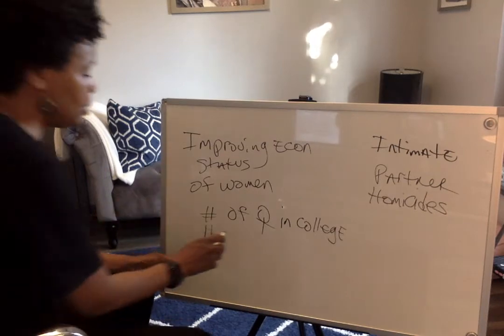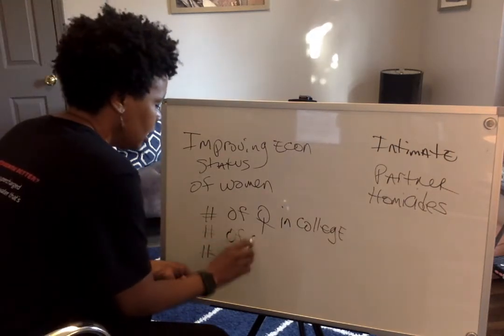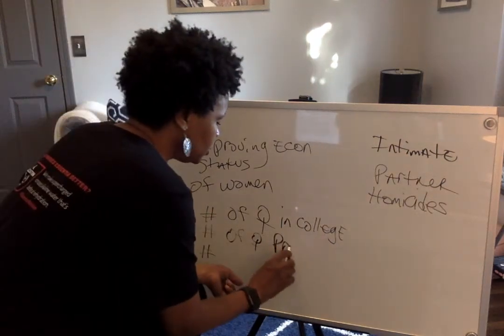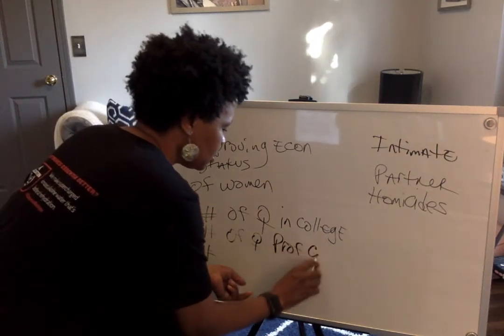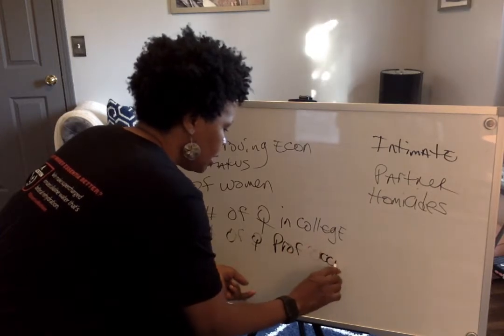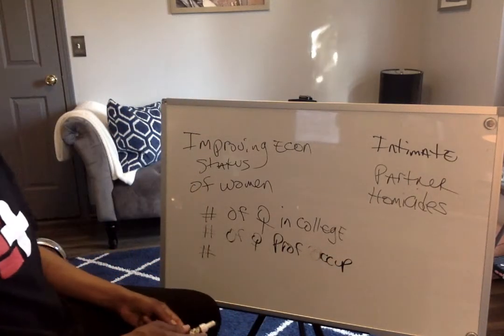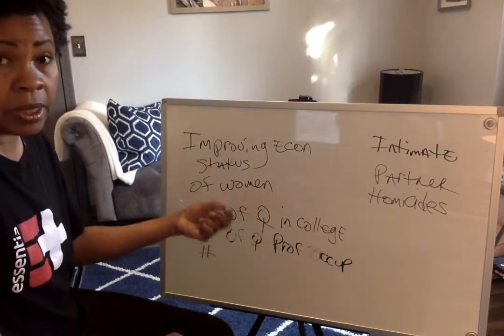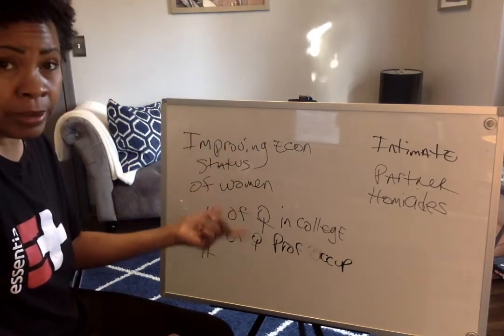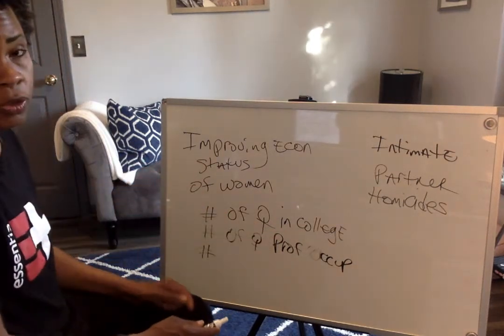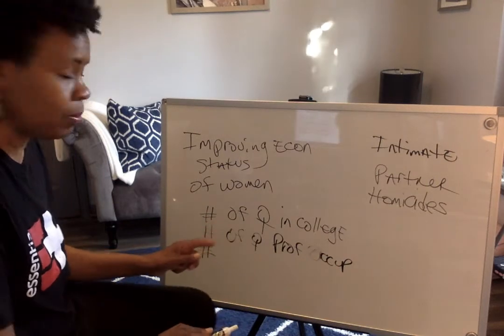The number of women in male-dominated professional occupations. So I looked at the number of women in architecture, law, medicine, STEM, science, technology, engineering, and math. Those are the most high-paying jobs in our country. But these are also jobs that are dominated by men.